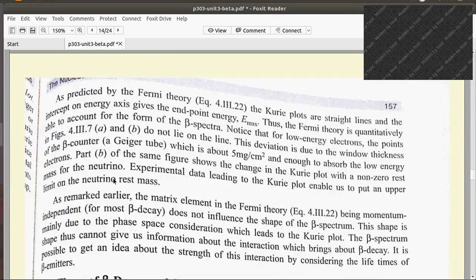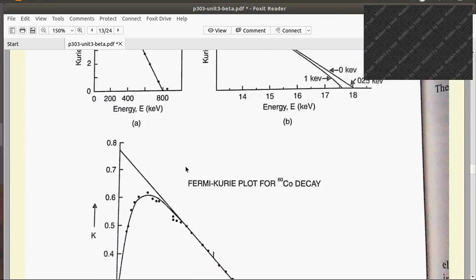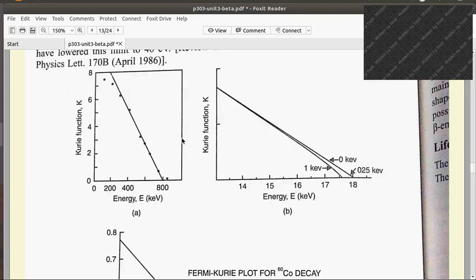Also, part B of the same figure shows the change in Curie plot with a non-zero rest mass for the neutrino. The experimental data leading to the Curie plot enables us to put an upper limit on the neutrino rest mass. So basically this figure is mostly connected with the mass.